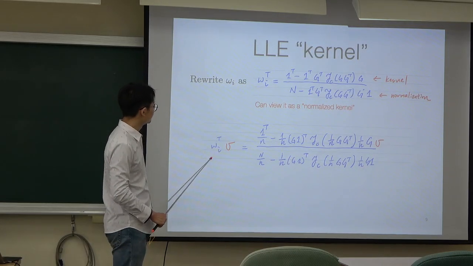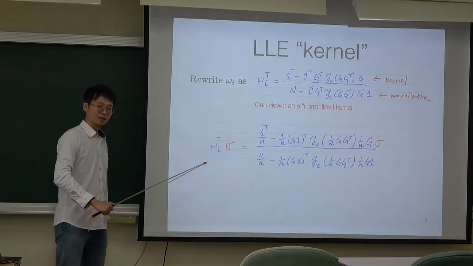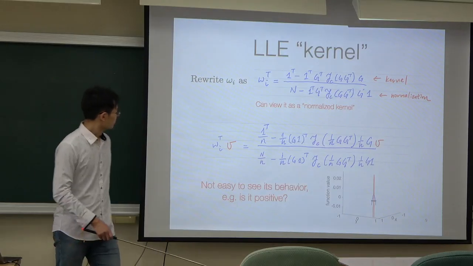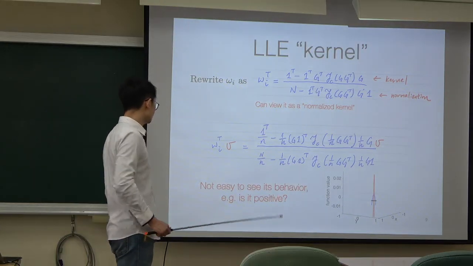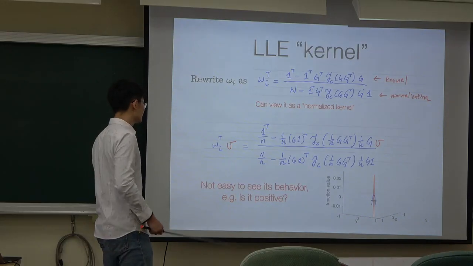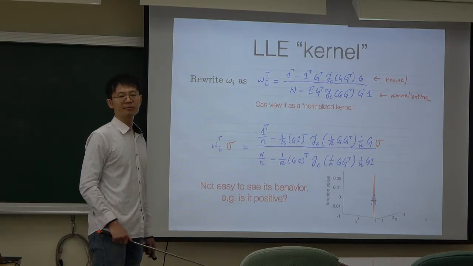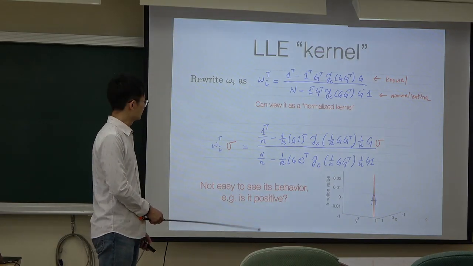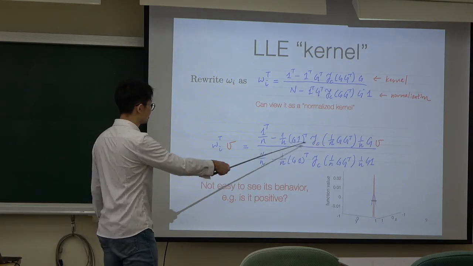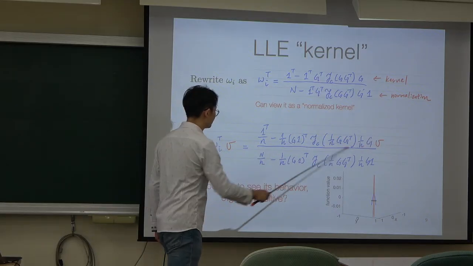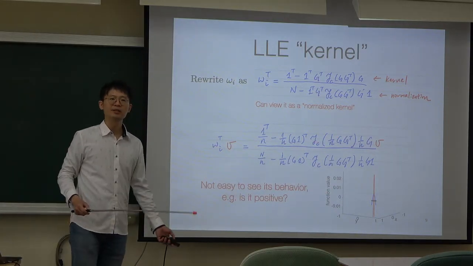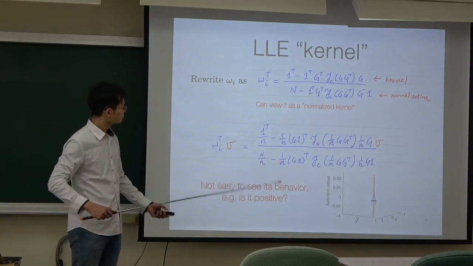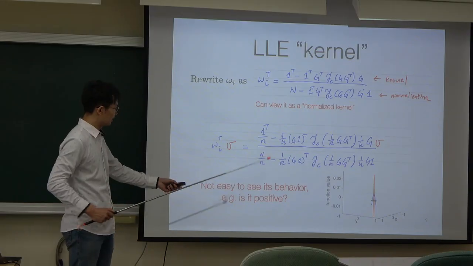Because you can understand Wi as a probability of the associated random walk. Okay, overall, again, it's not easy to see its behavior. For example, is it really positive? Are you sure? It's not easy to guarantee this kernel will be positive. So how can you say you are really doing some kind of good random walk, right?